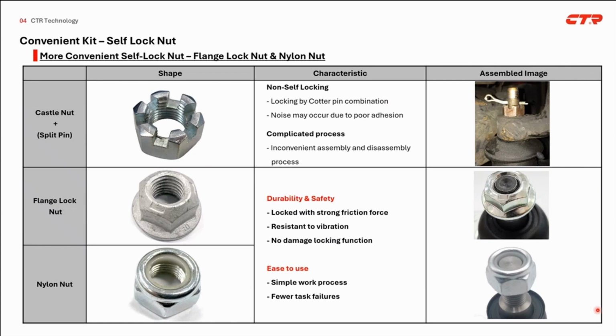In case of the castle nut, we have to use the nut with a split pin for locking, so it's quite complicated. Whereas flange lock nuts and nylon nuts are easy to use and have good durability. These days, many car brands use self-lock nuts in their models, like the Ford F-150, a Volkswagen Polo, and so on.